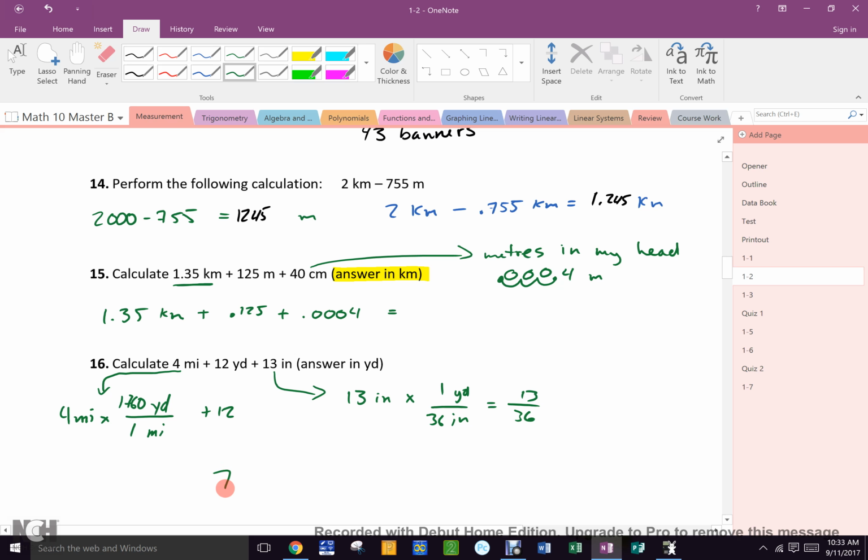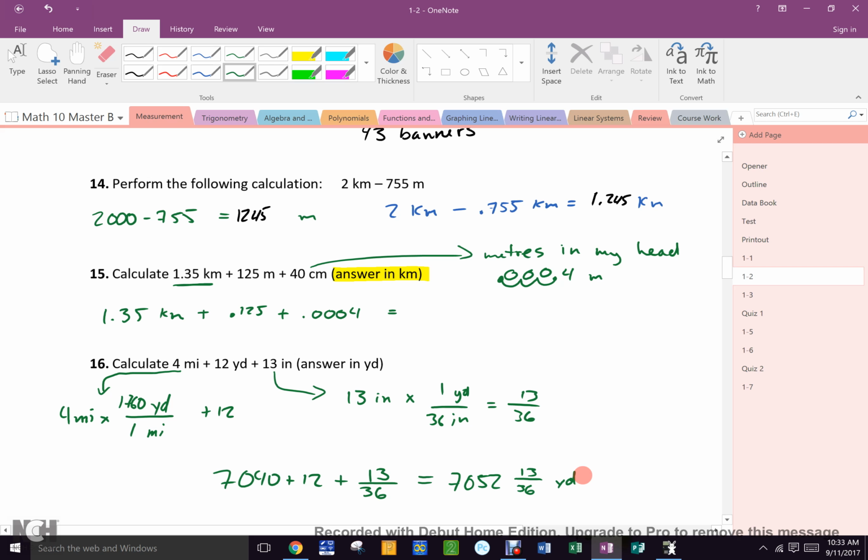No. So it's 7,040 plus 12 plus 13 over 36, which is 7,052 and 13/36 of a yard. Now, is there a way to make that one step better?